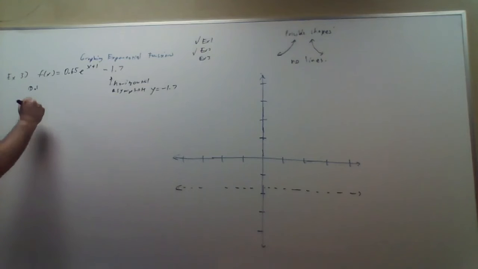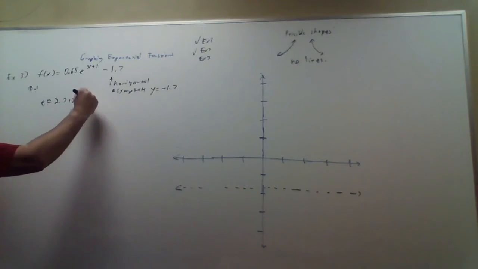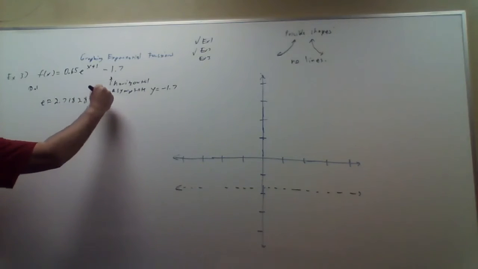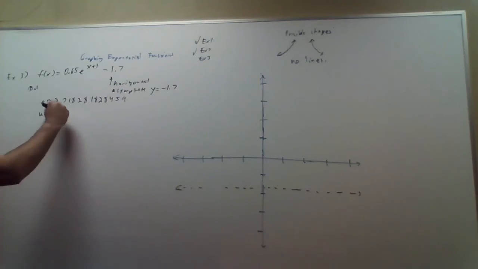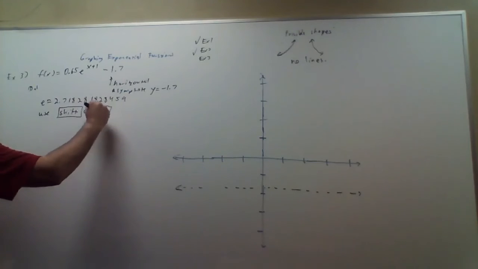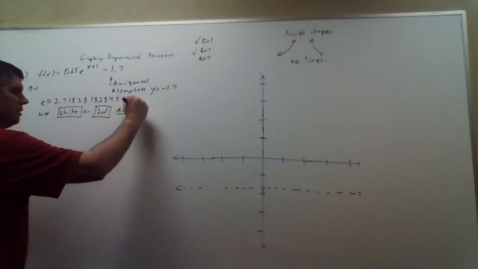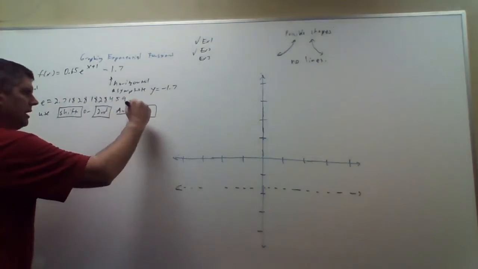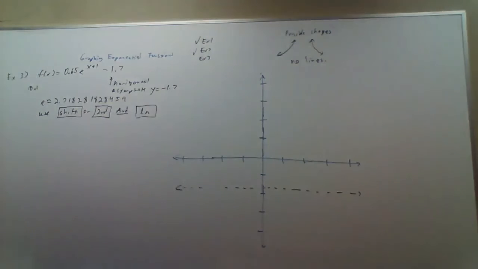Okay, so remember that e is approximately 2.7182818459. Use shift or second on your calculators and ln, the natural log function.